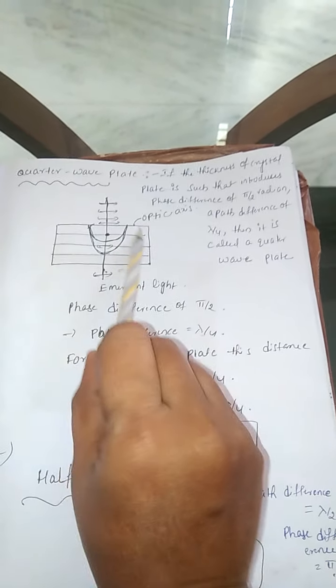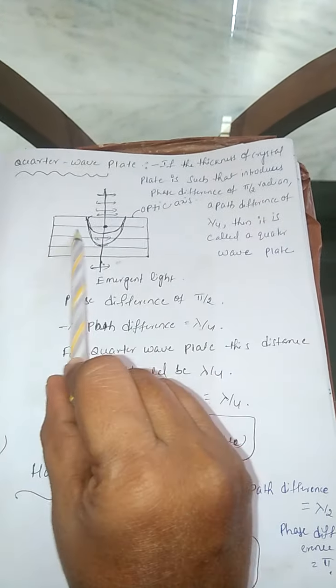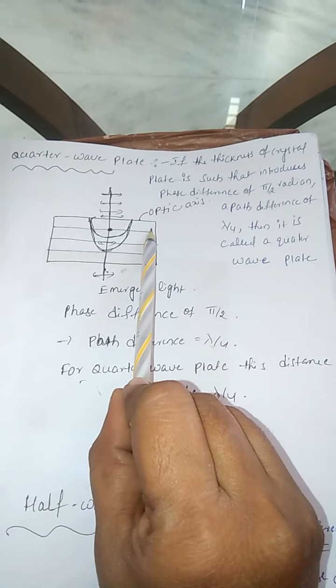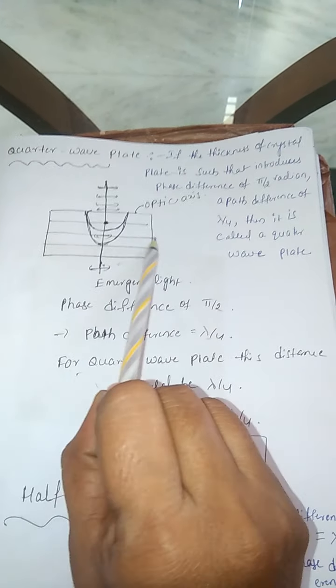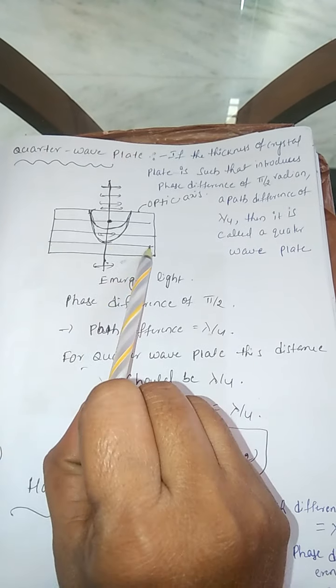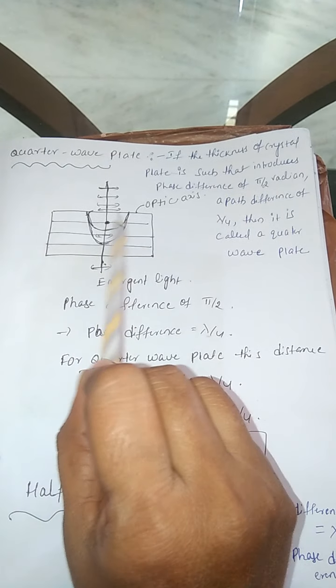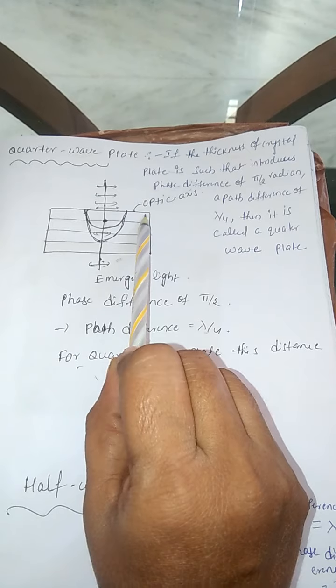After explaining this diagram, let us consider this is a crystal, a double refracting crystal. In this crystal, the optic axis is parallel to the surface of the crystal.